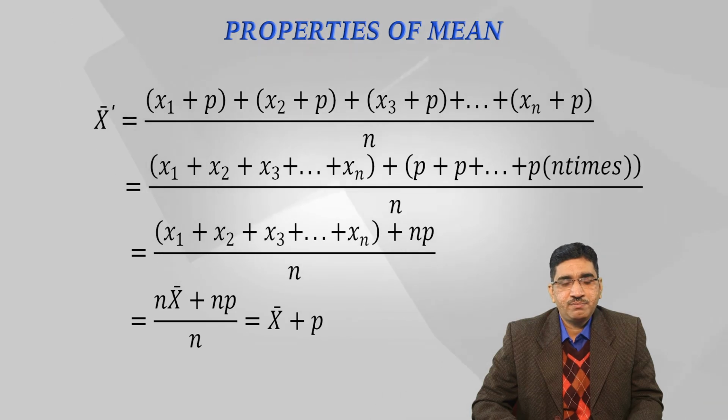So, n will be separated and cancelled with the small n in the denominator. Now the remaining term is x bar, the arithmetic mean of the old values, plus p, the constant. So, that means if we add any constant value to each and every value of the data, then the mean will also be increased by that constant value.